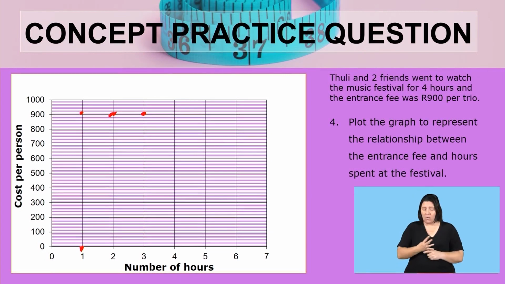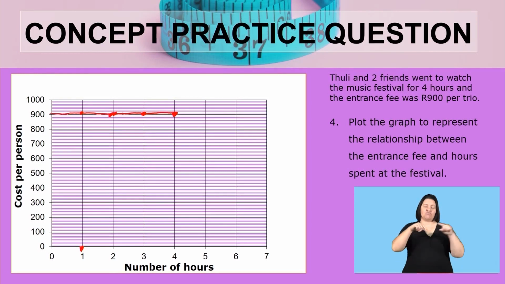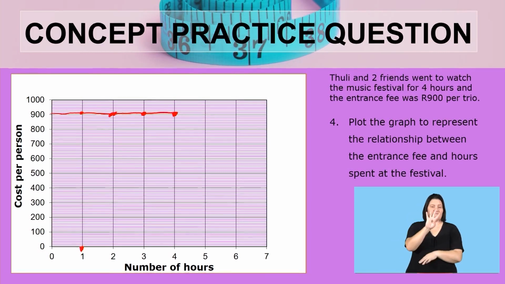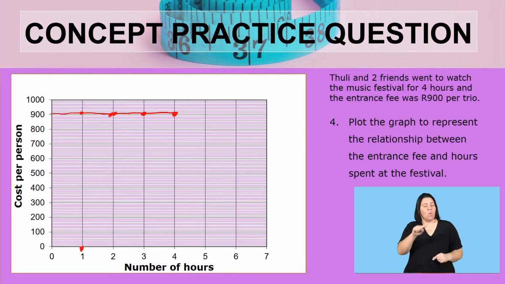And 4 hours is still 900 rand. Therefore, remember, these are just the coordinates. So we need to join these points and we have our graph. Our graph cannot exceed 4 hours, mainly because 4 hours is the time that can be spent at the concert.